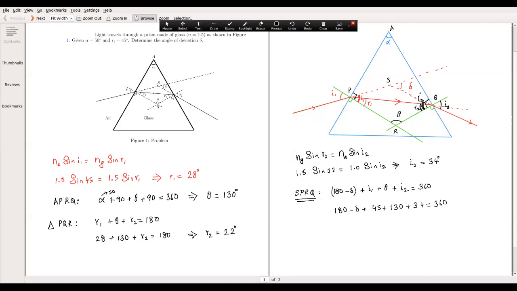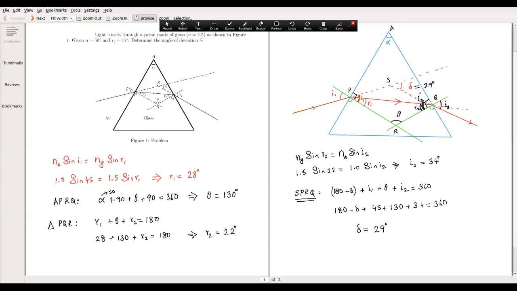So this implies delta is 180 plus 45 plus 130 plus 34 minus 360. This leads us to an angle of deviation equal to 29 degrees. That's delta, so that's 29 degrees.